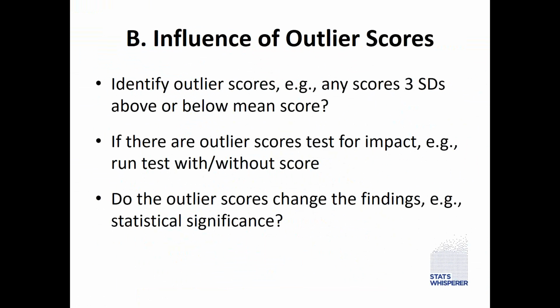If somebody had a full maximum 4-point change from pre to post, that could be one outlier score that could make the whole intervention look significant, but it was only that one person's change that caused it. So we want to look at whether the outliers change the findings in terms of, say, statistical significance.